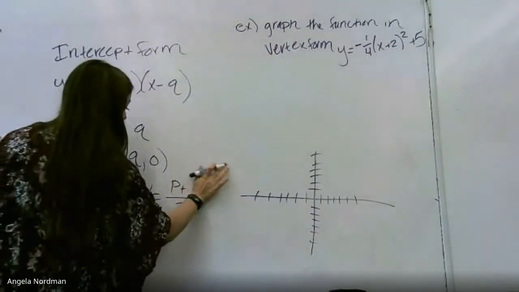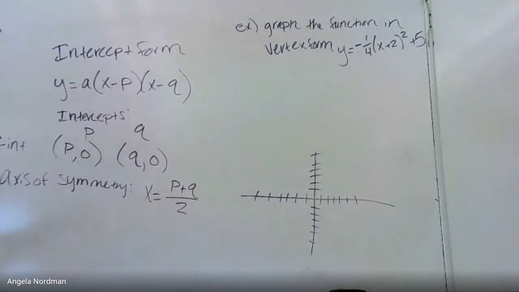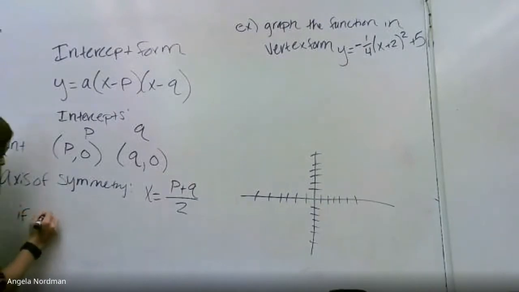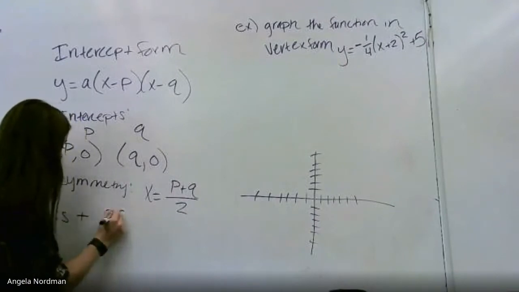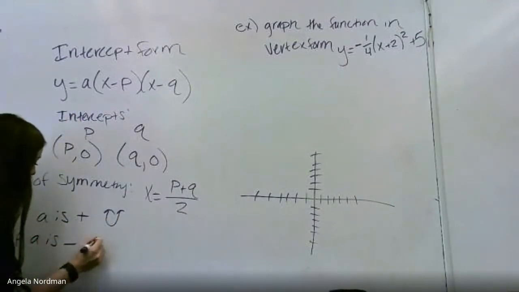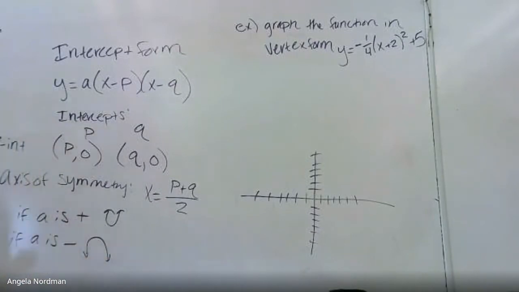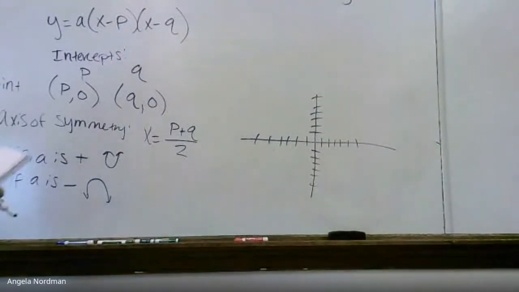I don't know if you can tell if that's a q, so I'm going to rewrite it. That's a better q. And again, if a is positive, it opens up. If a is negative, it opens down. Those things remain true no matter what.